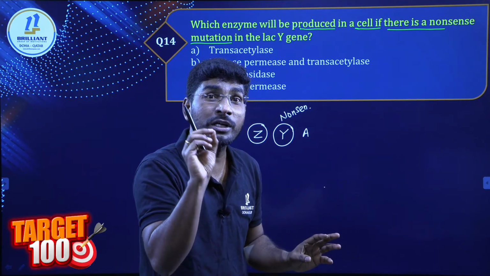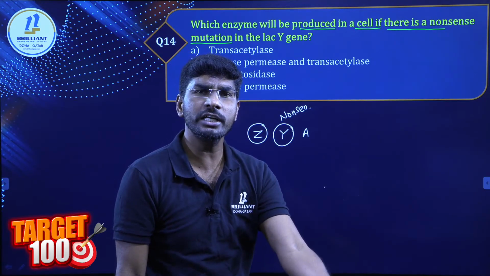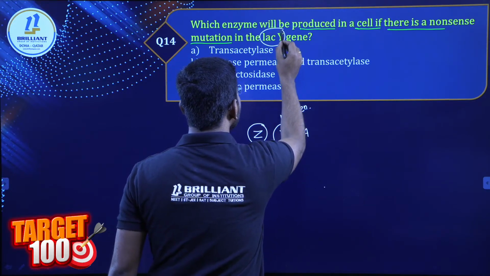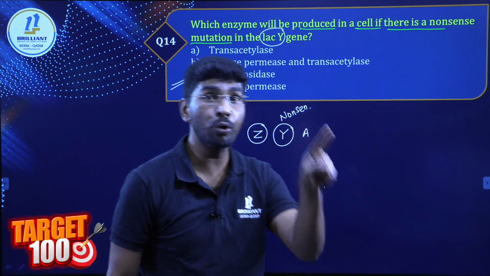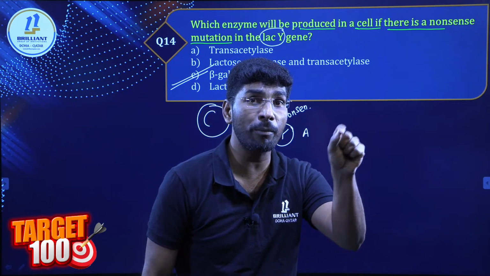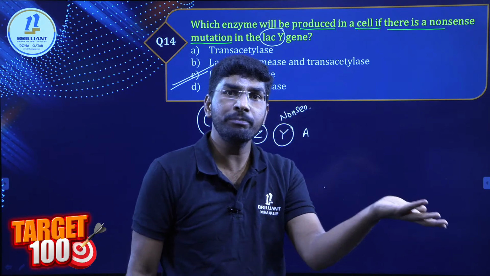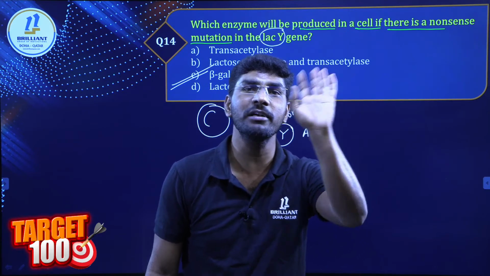So tell me, which enzyme will be synthesized if there is a problem in Y? There is no problem in the Z gene, so beta galactosidase enzyme will come. I told you, wherever the problem comes, only that gene will be affected. The previous gene will be proper. So beta galactosidase enzyme will simply be synthesized.